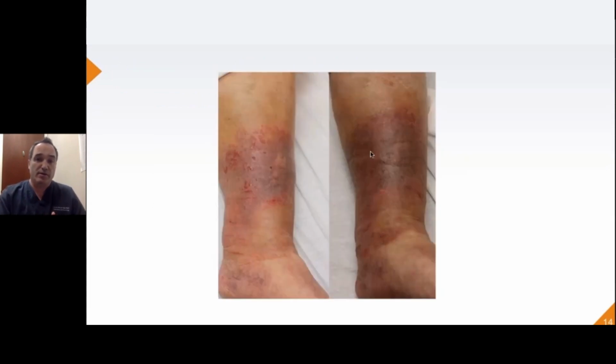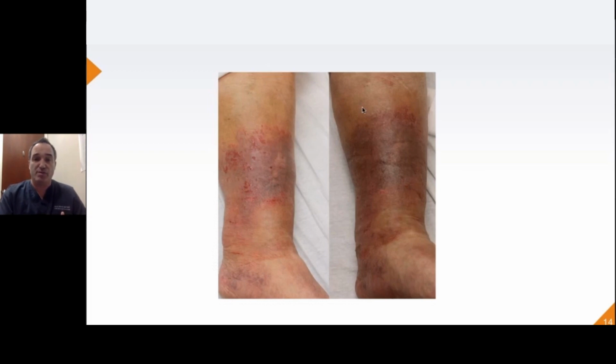Now, here's yet another case, someone again with several of the signs of severe disease. You're looking at hyperpigmentation, this is the browning color here. You're looking at various elements of dermatitis, and then there's a sort of weeping appearance of this leg. This person also had edema. This person had insufficiency in their greater saphenous vein, as well as a perforator, or maybe more than one in the vicinity.